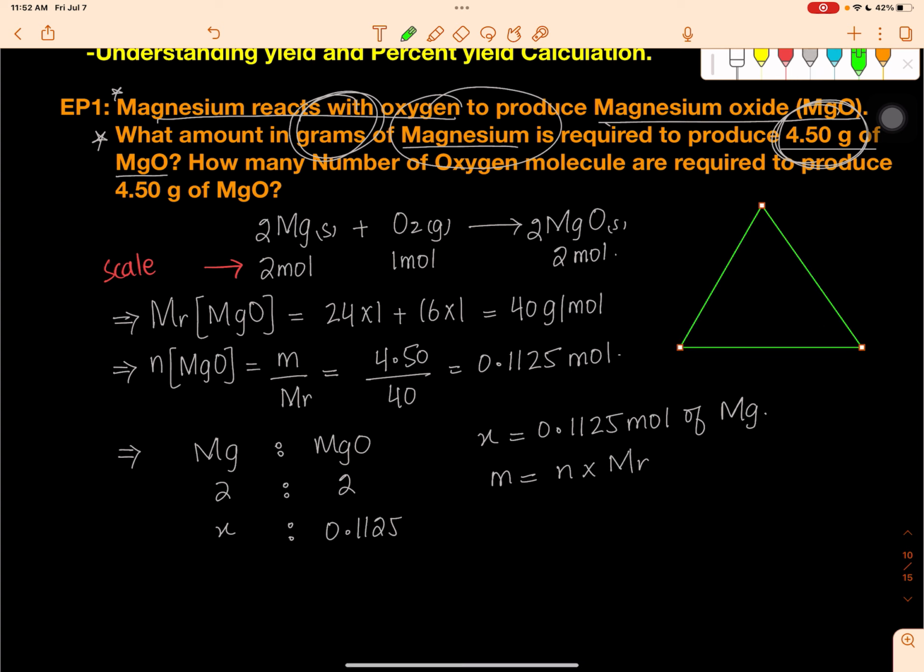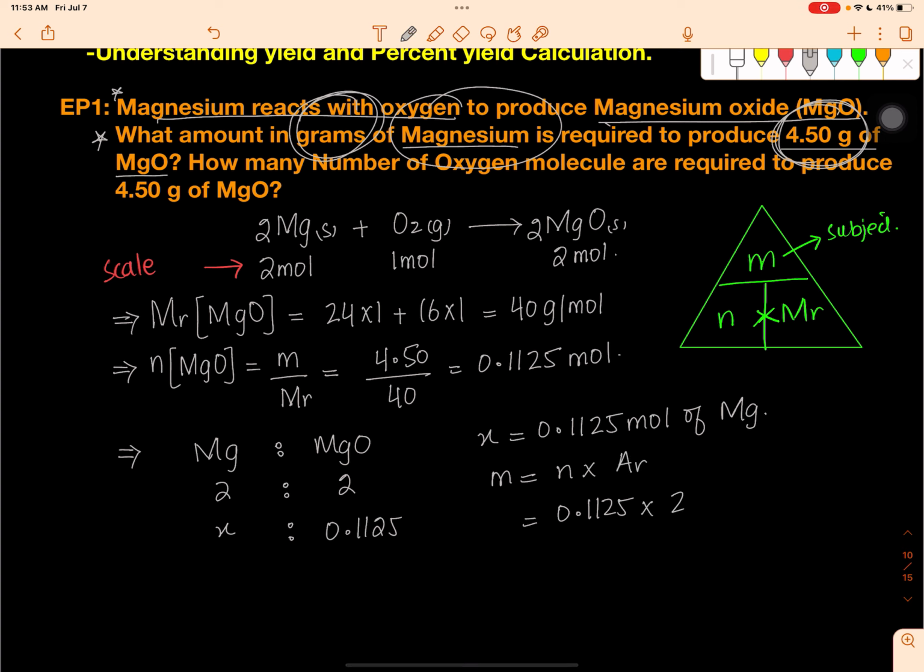This triangle is telling us that we have mass here, number of moles here and MR. Since I need to find mass, if I make this the subject, they are going to multiply together since they are in front of each other. So number of moles is multiplied by the MR. In here we have a magnesium atom, so this MR would become AR. So times AR, which is 24.